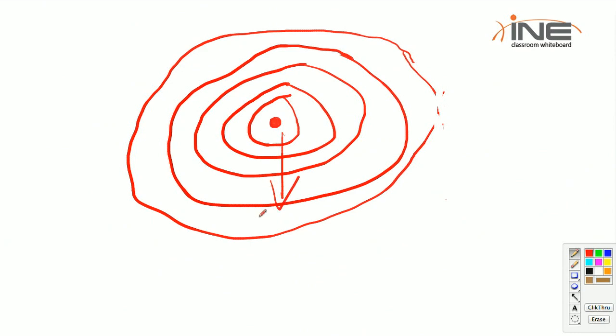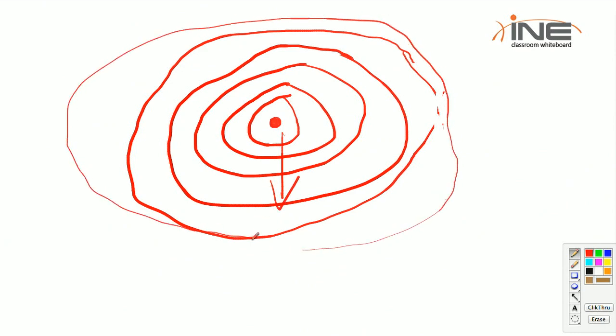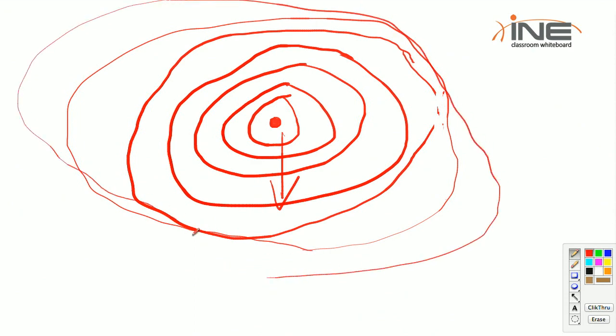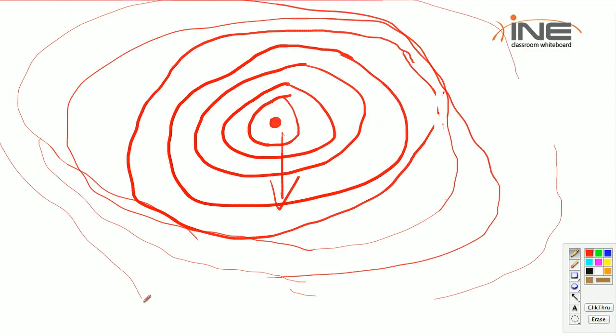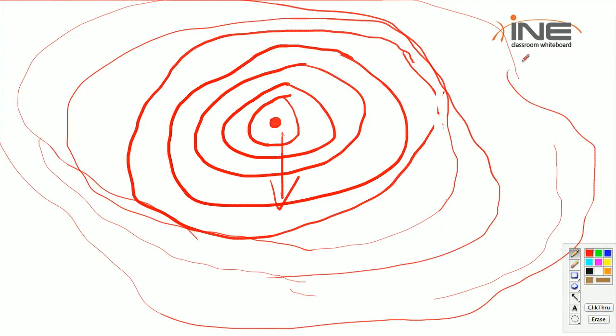And as it comes out from the center, the lines get weaker and weaker and weaker. I'm trying to put very little pressure on to get the thinnest possible line until we almost don't see that wave at all anymore. That's a horrible drawing. I realize that. I apologize.